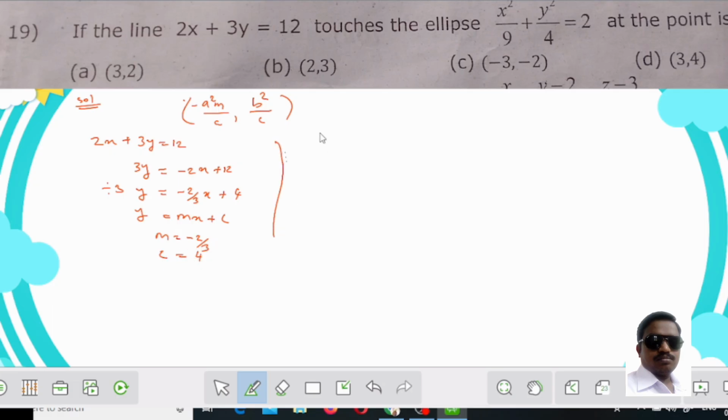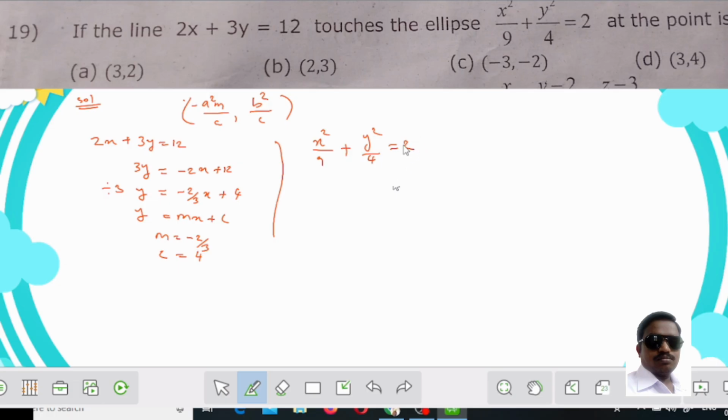Similarly, by considering the equation of the ellipse x²/9 + y²/4 = 2. See, here it is 2 now. You should not take these directly as a² and b², because look at the right side, this is 2. This should be 1, no? Whenever I write the equation of an ellipse, the right side value will be 1.